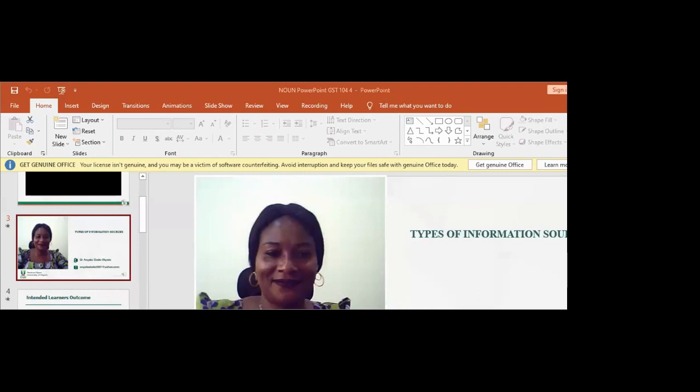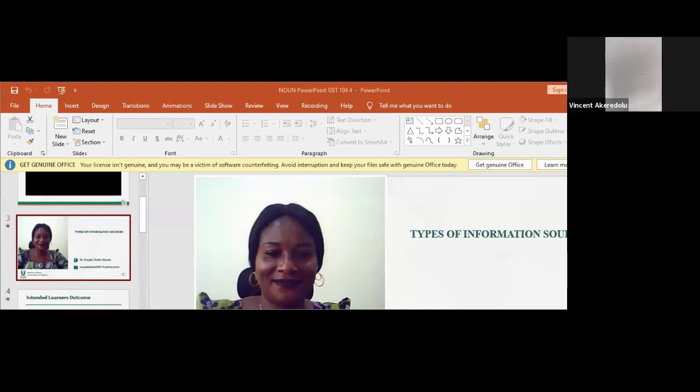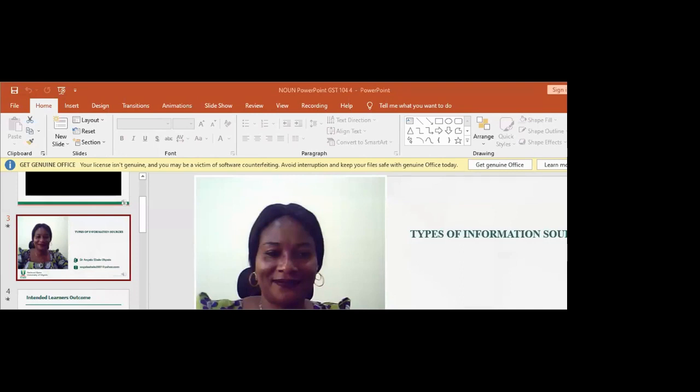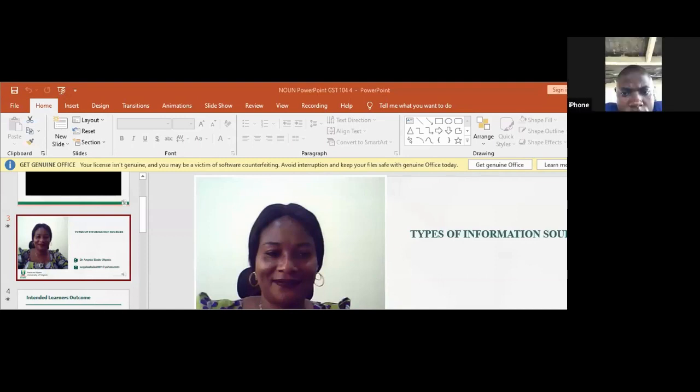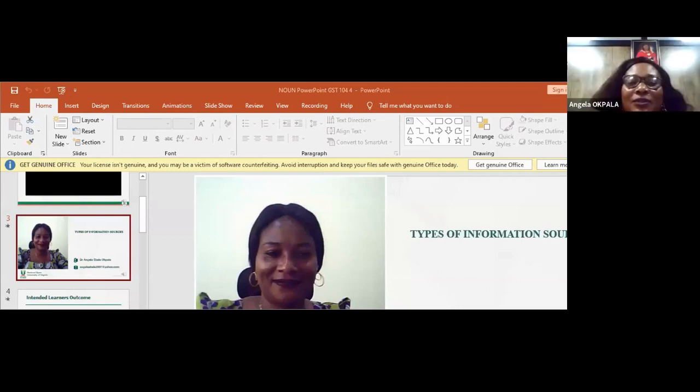You can only see the app screen. The screen is not showing full. Sorry. You should be removing the people making noise. They don't know how to remove them. You should remove them. I'm even trying to see what can. Okay. I don't know why this thing is.